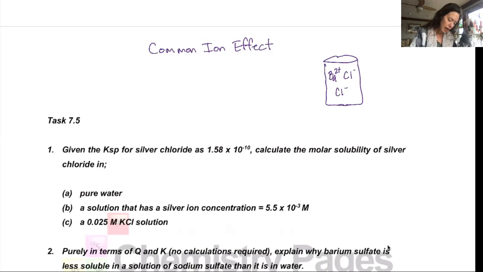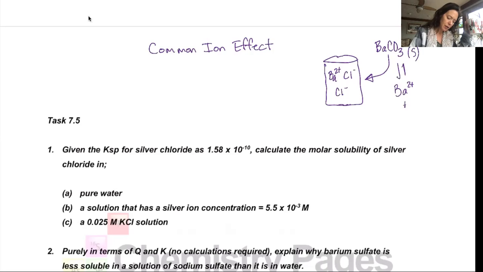So let's say that I have barium carbonate and I want to dissolve it in this solution, or I'm going to add it to this solution. It would be a solid. We would have a slight bit of dissociation.